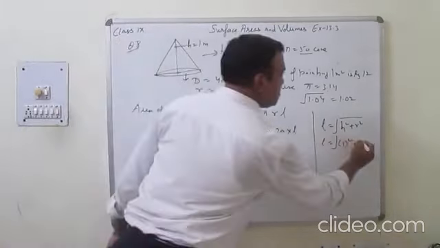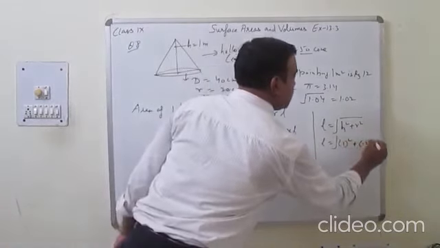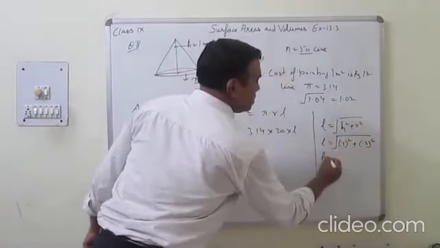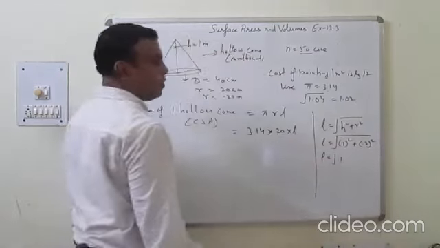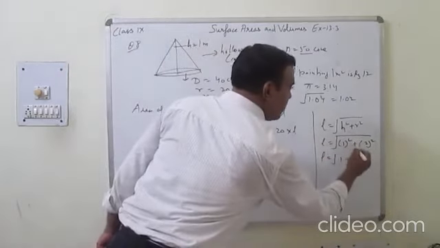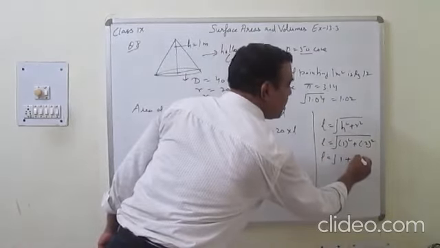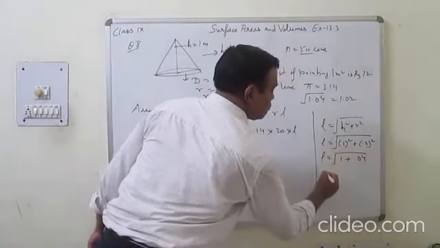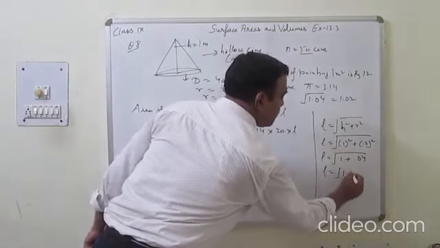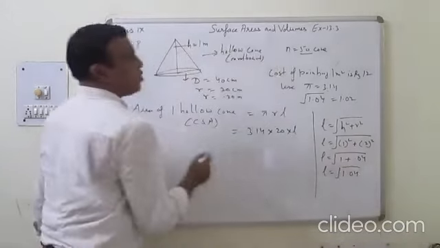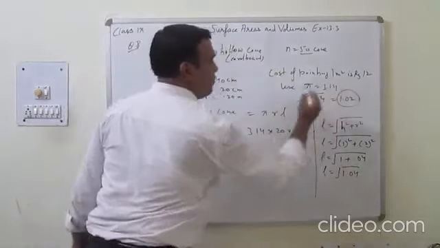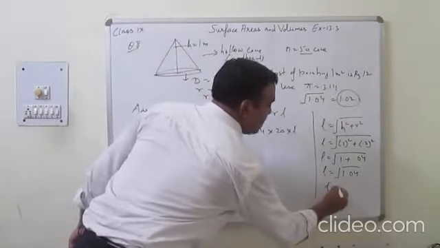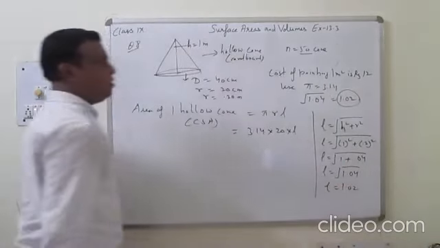So it is 0.2 meter square. 0.2 का square करेंगे तो 0.04 आएगा. So l is equal to under root 1.04. इसका स्क्वायर रूट आपको दिया हुआ है, 1.02. l is given to you 1.02.